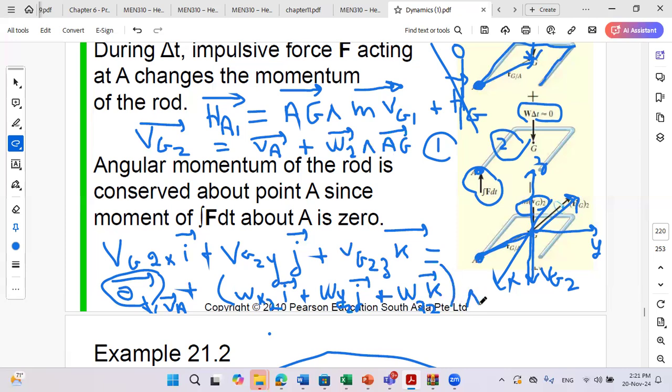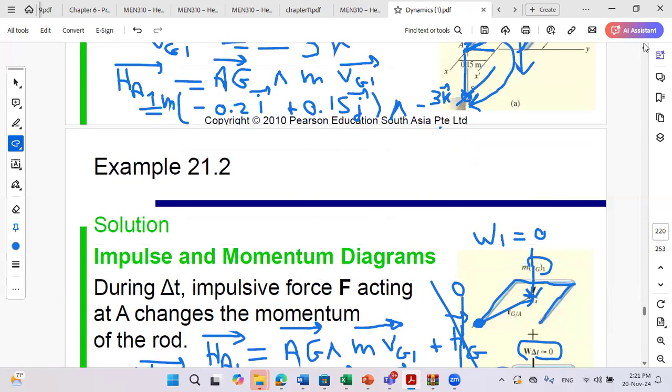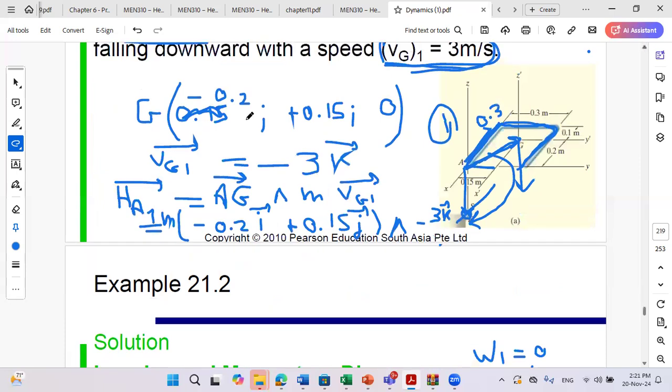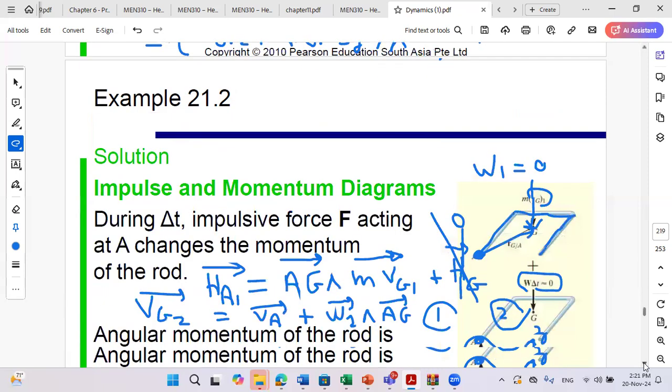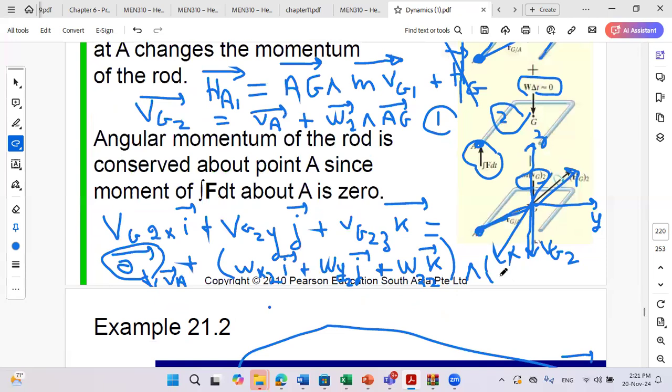So for vector AG, we have already determined the coordinates. These are the coordinates of AG. It's minus 0.2 I plus 0.15 J. So minus 0.2 I plus 0.15 J.